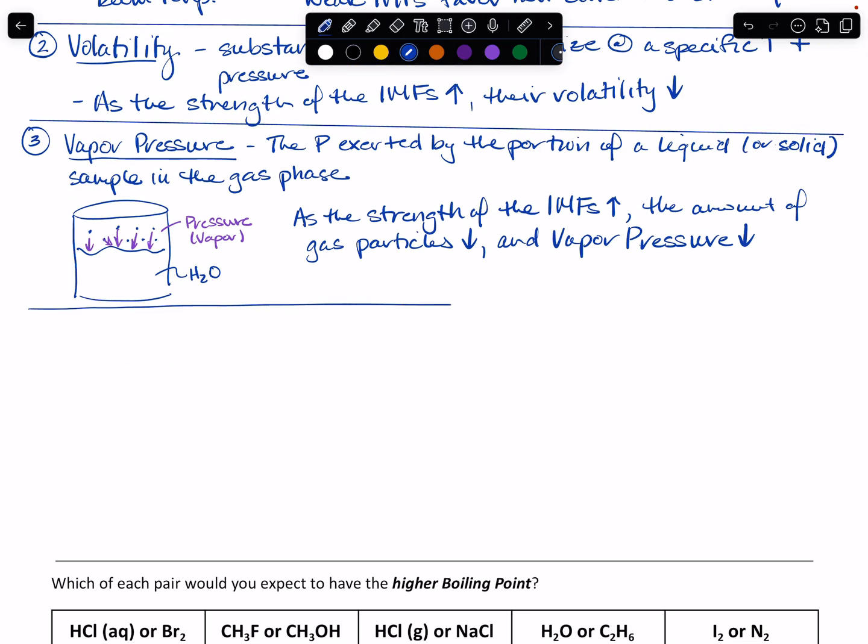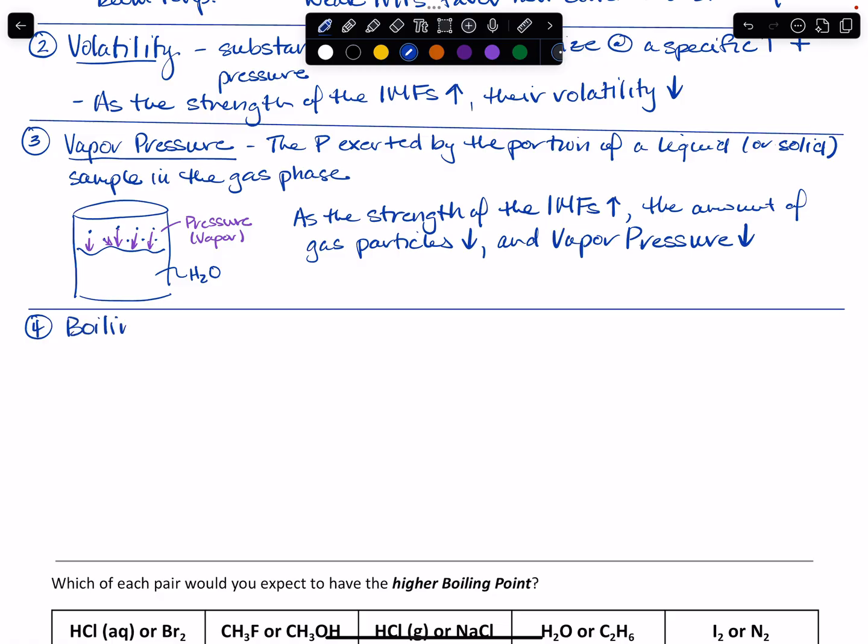Now, the next physical property is right in line with vapor pressure. It's called boiling point. I represent it all the time with BPT.